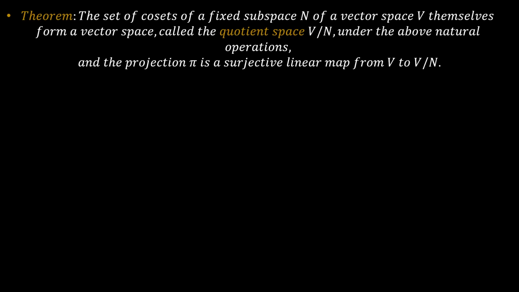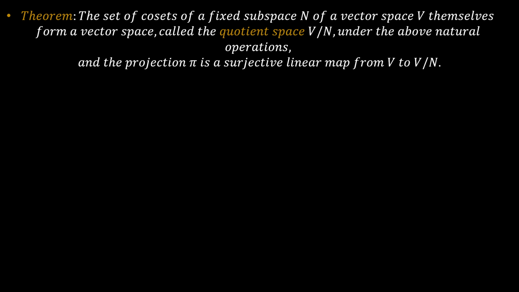So the important ones, just a couple of theorems to keep the concepts in perspective. One of them is that the set of cosets of a fixed subspace N of a vector space V themselves form a vector space called the quotient space, under the above natural operations, and the projection pi, we talked about coordinate projection.